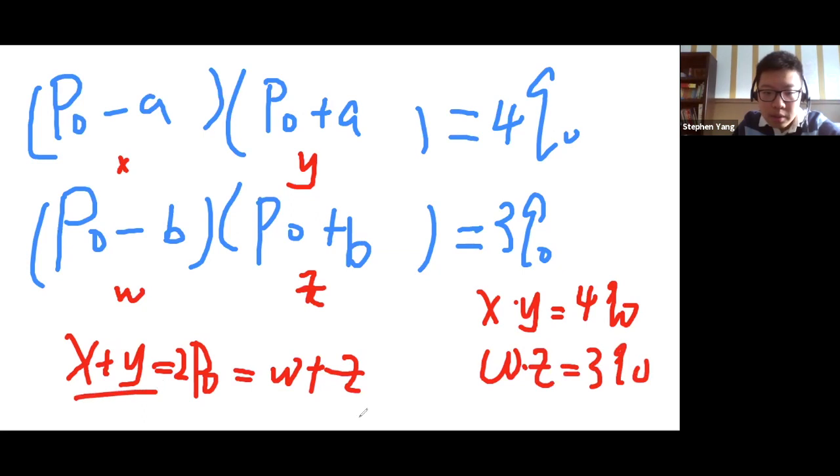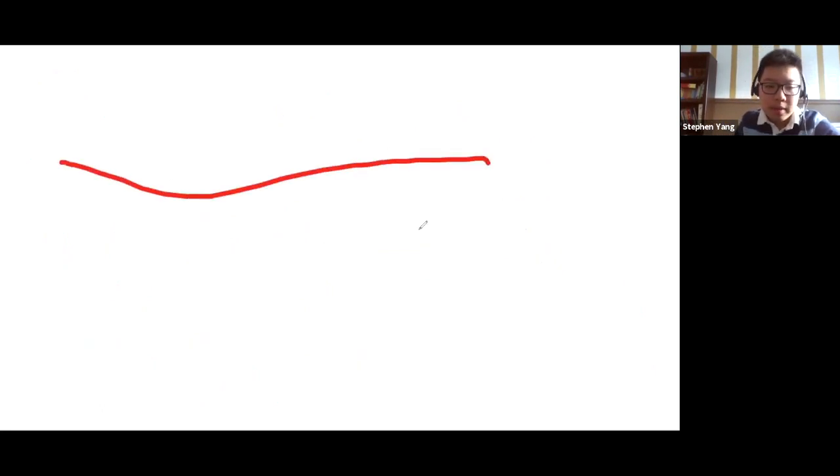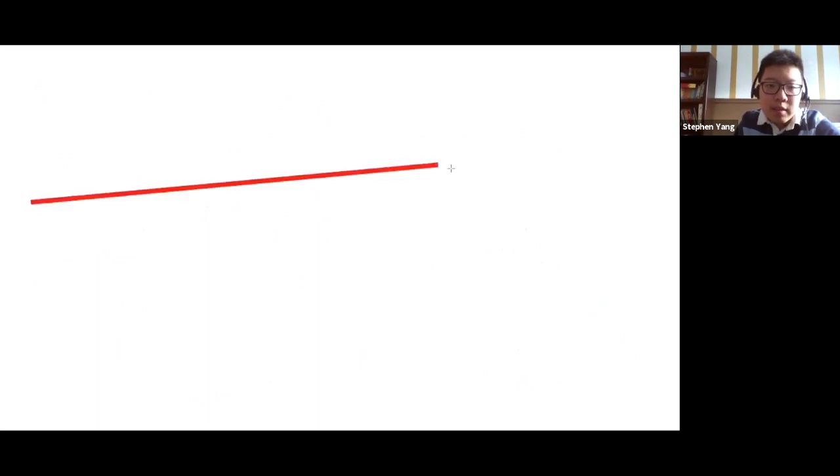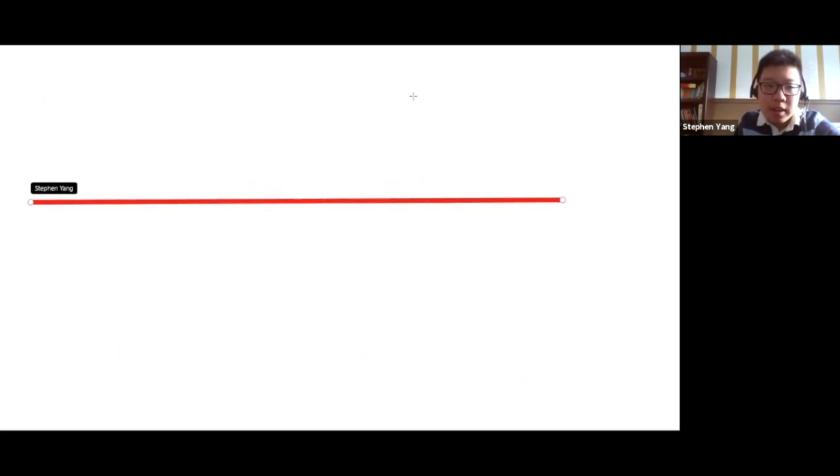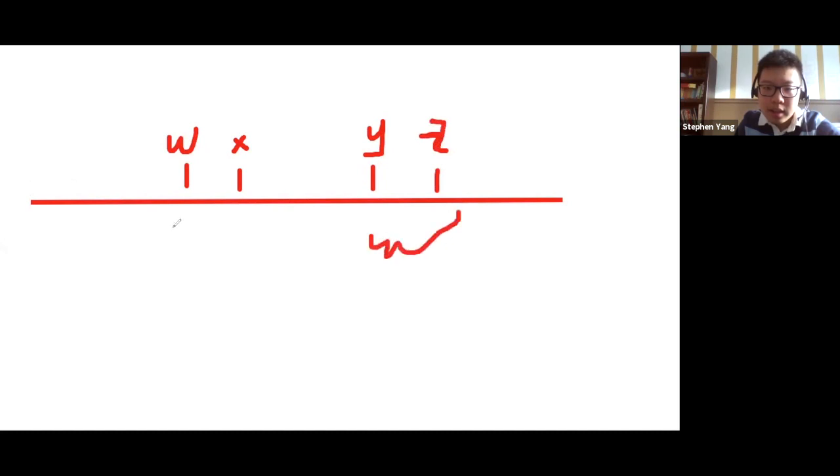Since these two sums are the same, but X times Y is greater than W times Z, if you plot them on a number line, say this is X, this is Y, that means W and Z are outside of X and Y, and this distance are the same.